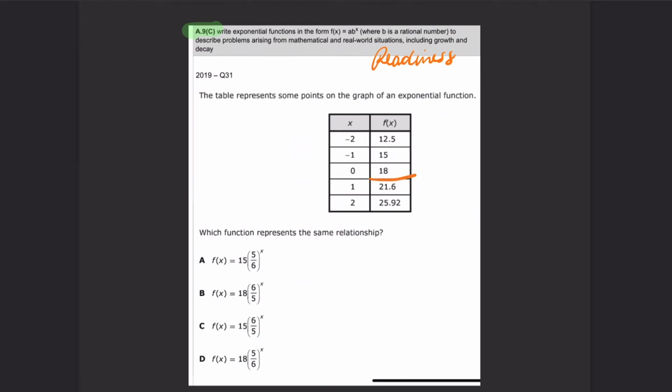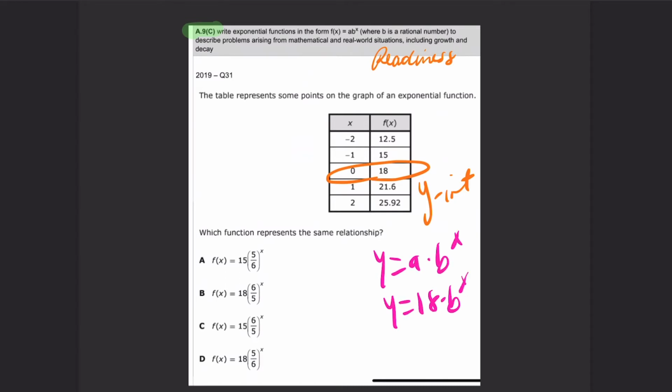Notice that the point (0, 18) represents the y-intercept. I know that because every time I have the y-intercept, the x value is always 0. And since we are talking about exponential, that means the a value must be 18. So let's look at our answer choices and eliminate some of them. Therefore, our answer cannot be B or D.